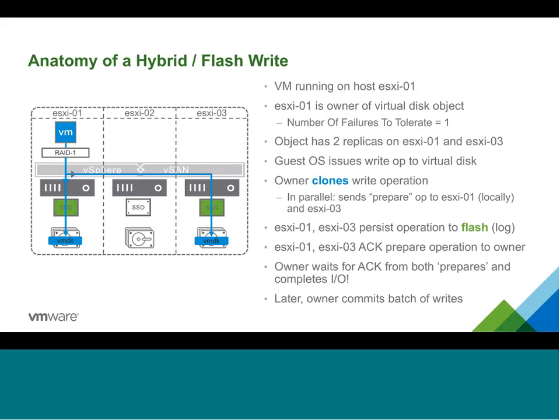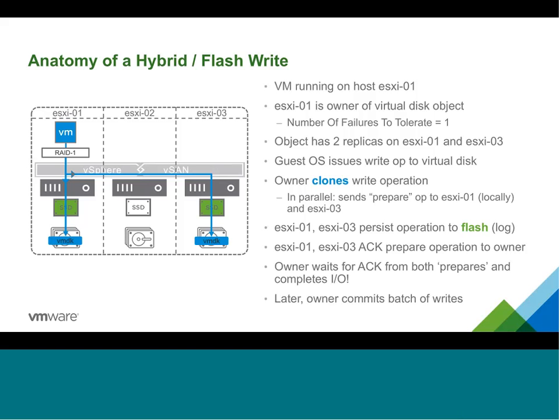Now let's consider how an actual write happens, say in case of all flash or hybrid. So VSAN, we can have an all flash environment as well, or a hybrid environment. Till now we were discussing a hybrid environment where we have one SSD as cache tier and HDDs as capacity tier.